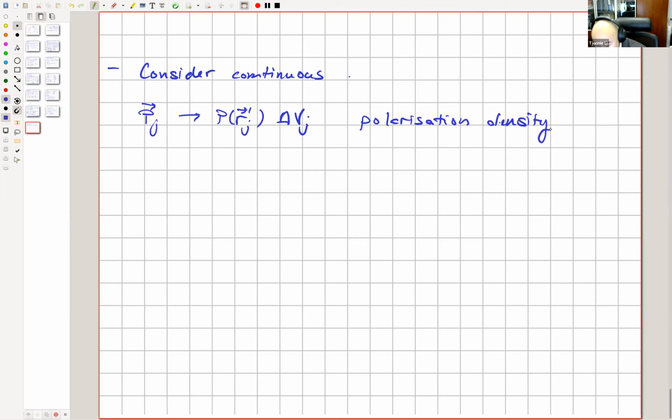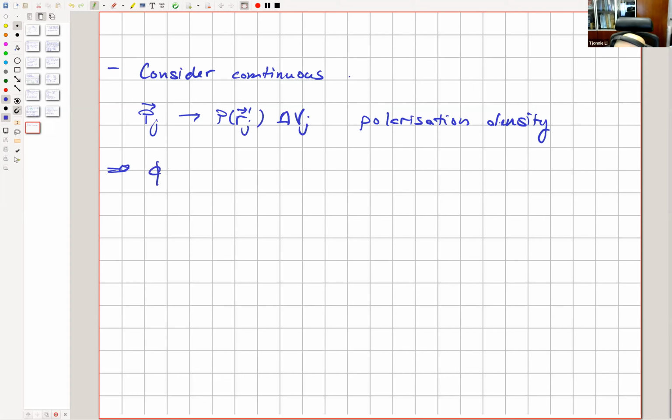And if I write everything like this, then I can turn this into an integral instead.